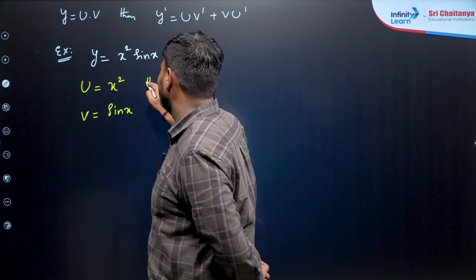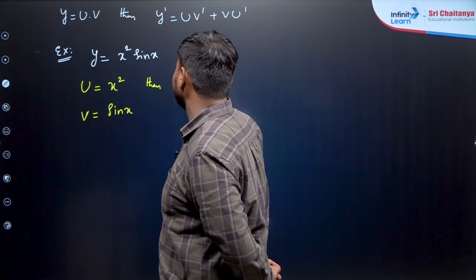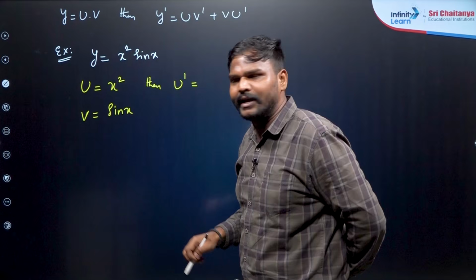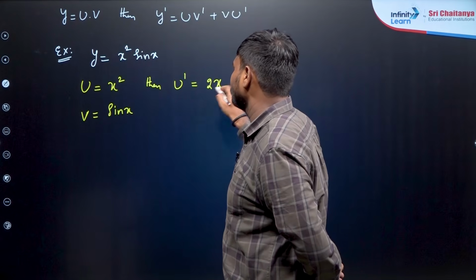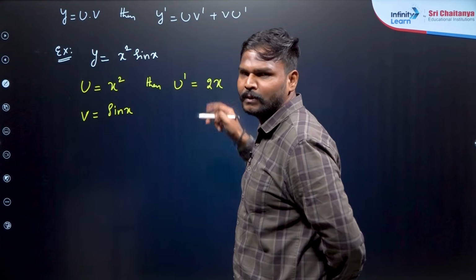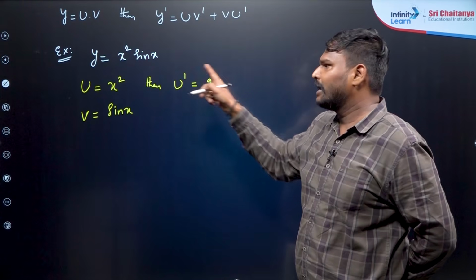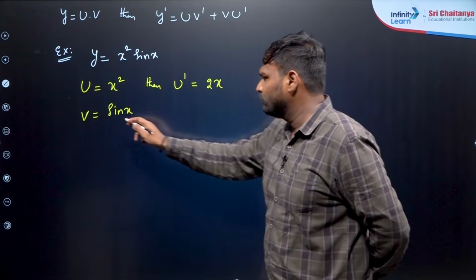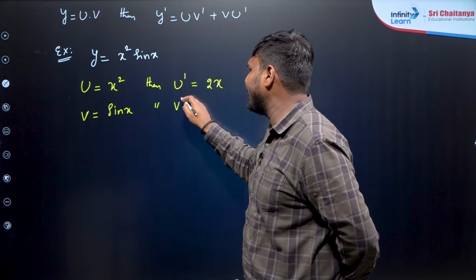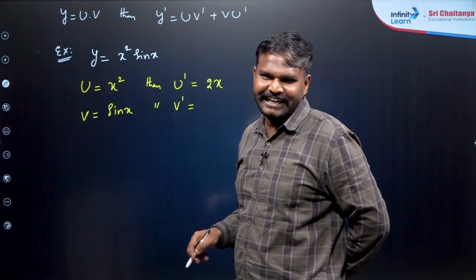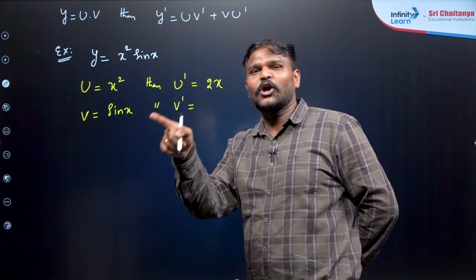Then what is u dash? What is the derivative of x square? 2x. Correct, sir? Multiply the power and subtract 1 from the power. So the x square derivative is 2x. Next, what is v dash? The derivative of sin x, just now we have seen, is cos x.